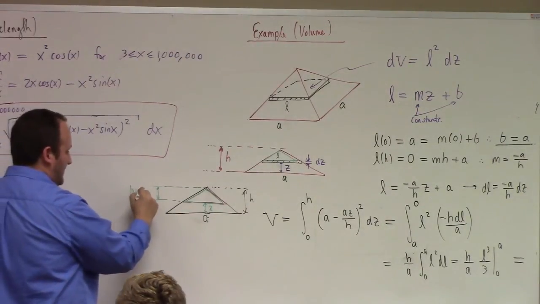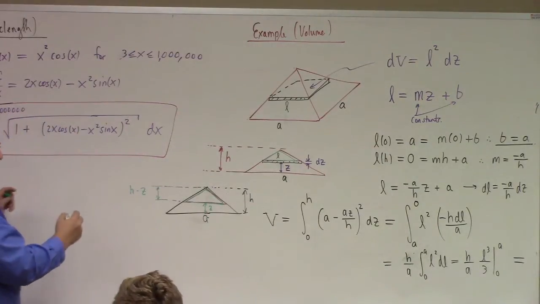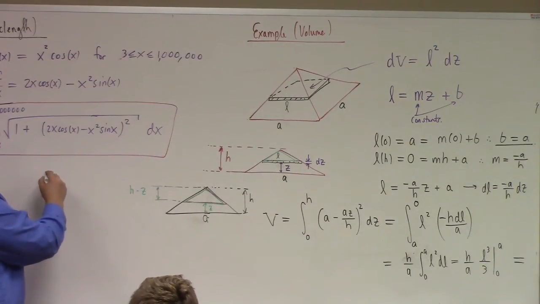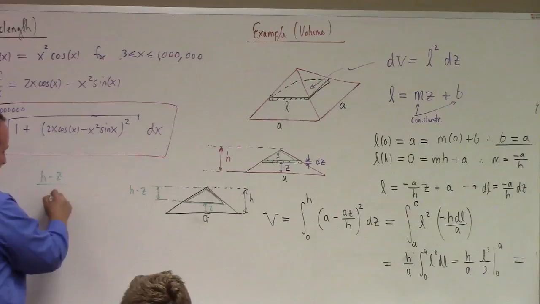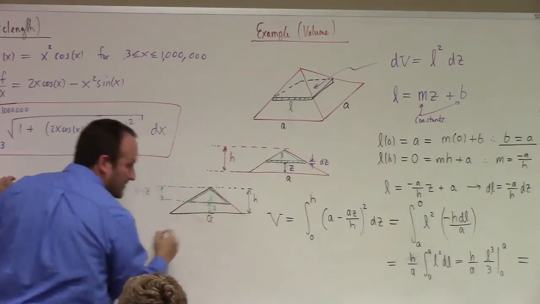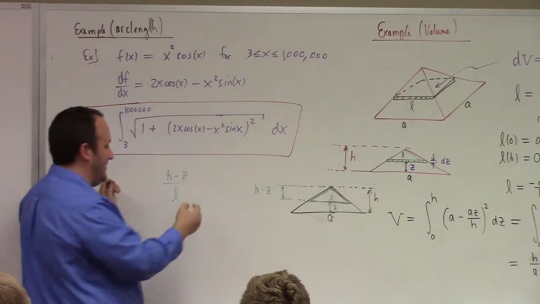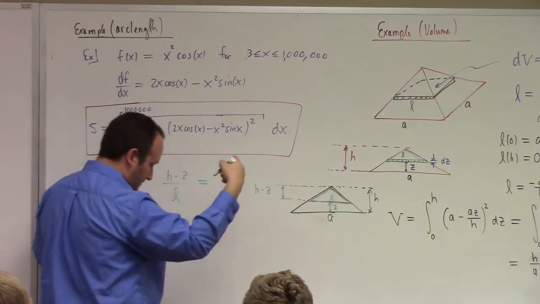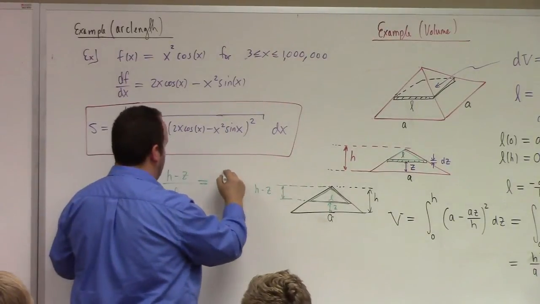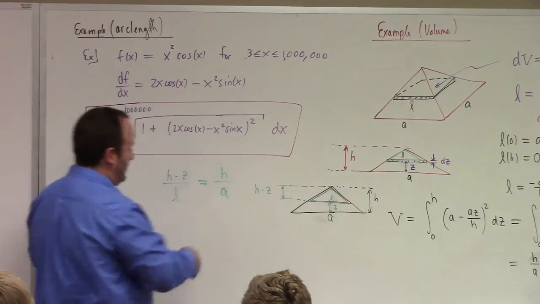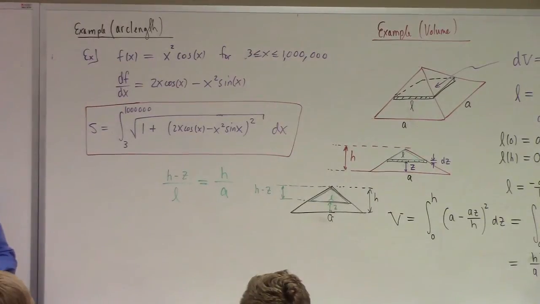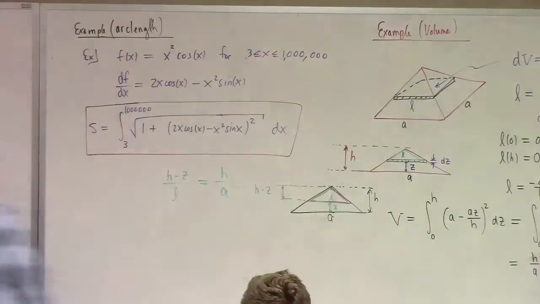This would be h minus z. So h minus z over L, which is this distance, is the same as h over a. That's the similar triangle way of deriving the relation between L and z and h.